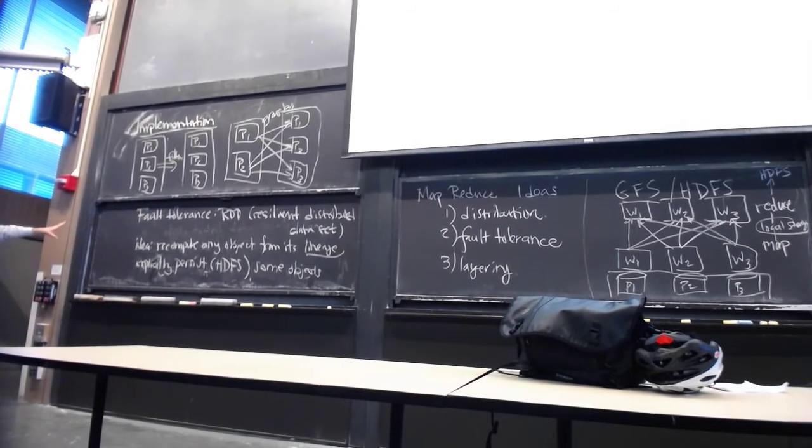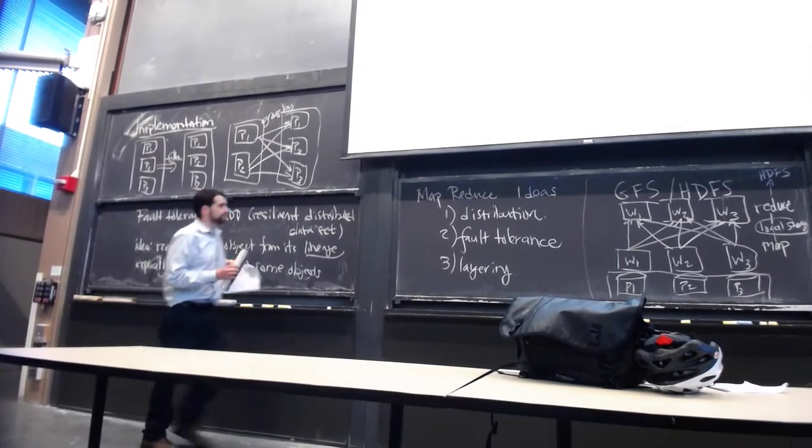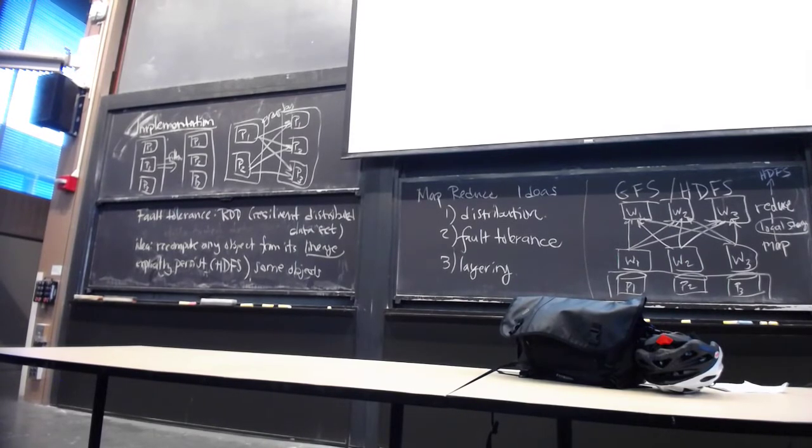This RDD idea is also going to be the key to getting performance out of this system. What we're going to say is that we can keep these RDDs between these intermediate processing steps.